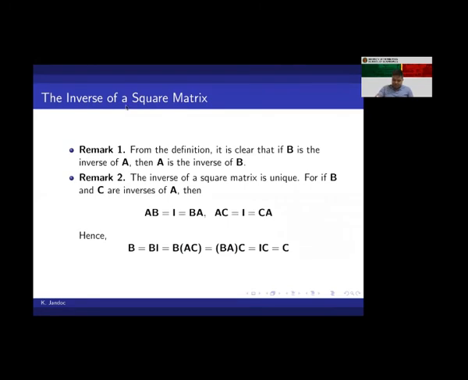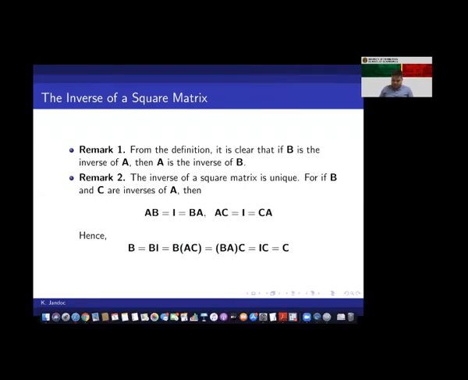In the definition, we have two matrices A and B, which, when you multiply them, equal the identity matrix, and so B is an inverse of A. On the other hand, if C is an inverse of A, then this also should hold: if you multiply A by another matrix C, it should yield the identity matrix, and so forth.